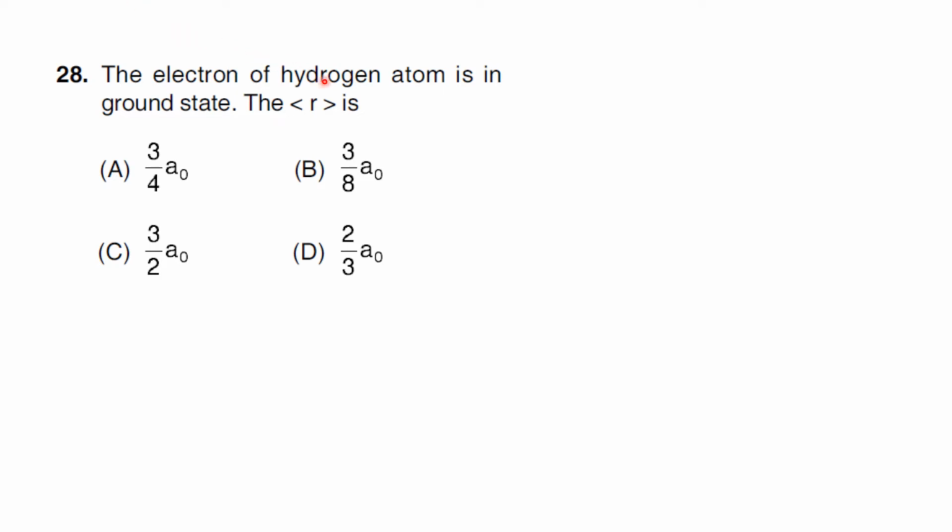The electron of a hydrogen atom is in the ground state. The expectation value of position coordinate r is. So here it is mentioned that the electron of the hydrogen atom is in the ground state.